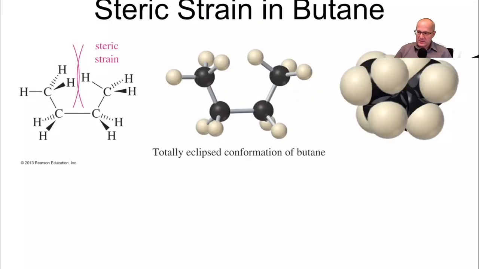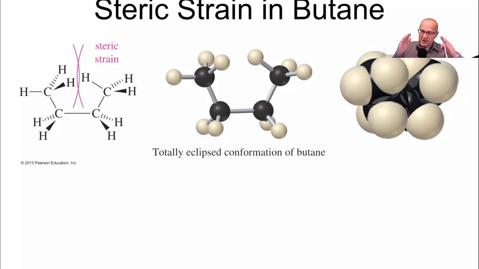Now, what is causing this? Why is it such high energy in a total eclipse, for example? It's because these two large groups are literally starting to bump into each other. They're starting to try to occupy the same space at the same time. And when they do that, something known as steric strain occurs. Steric strain is basically physical strain between two things.